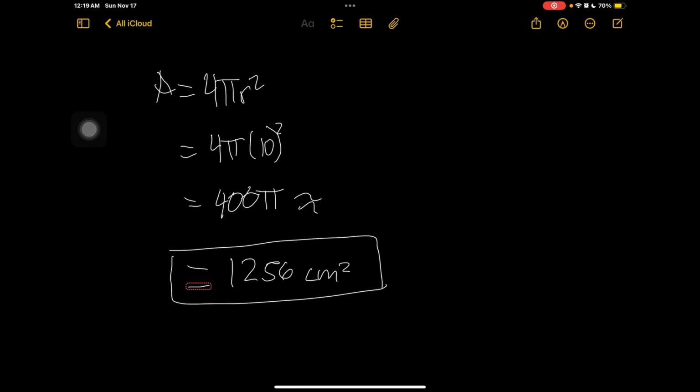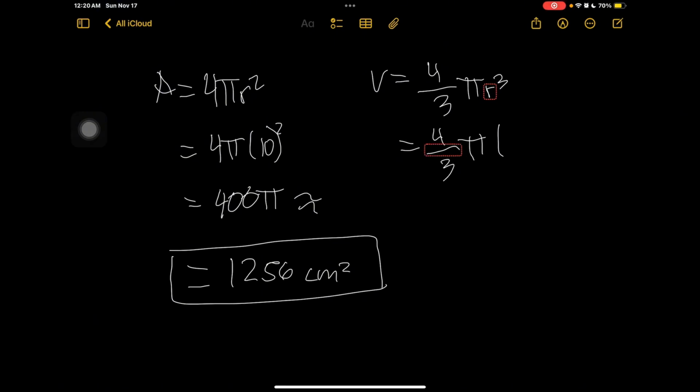And the volume, so the formula of volume is V equals 4/3 pi r cubed. So 4/3 pi.